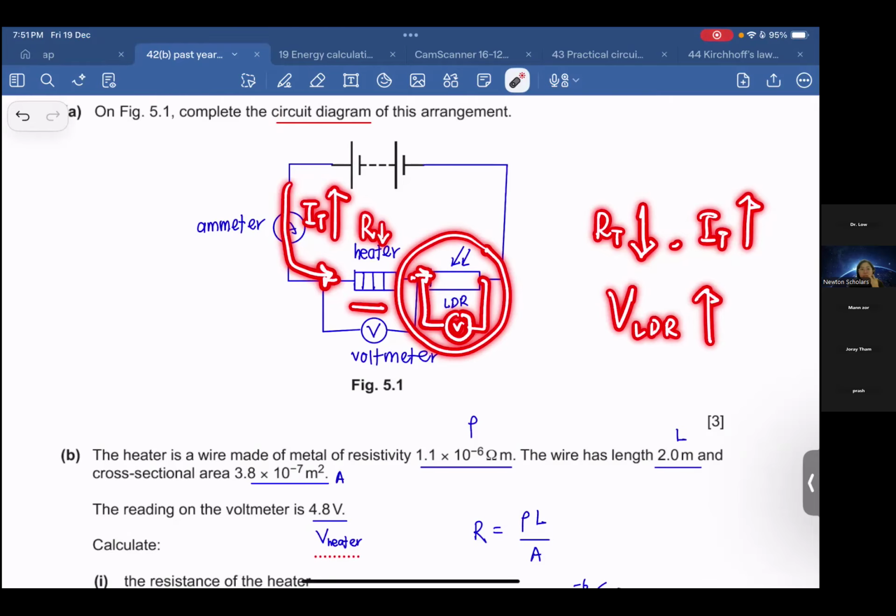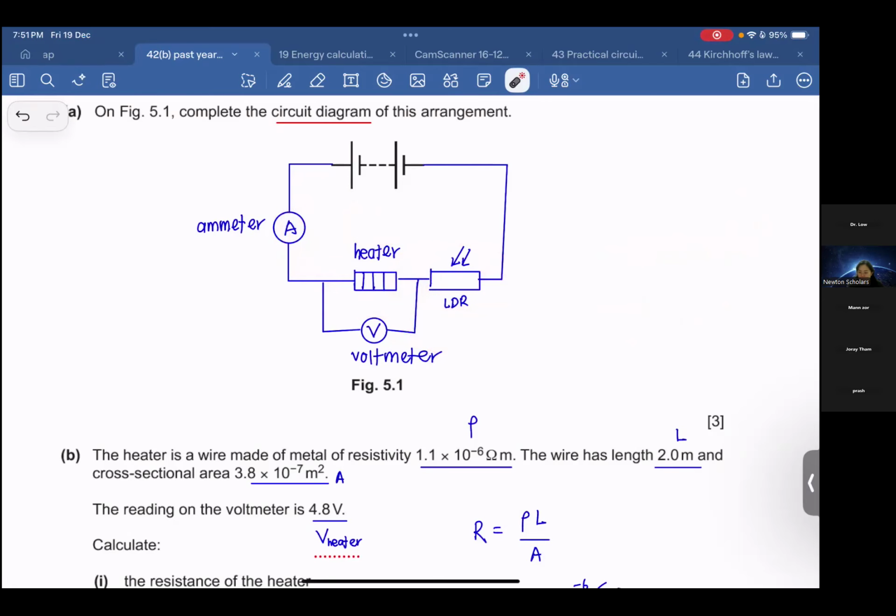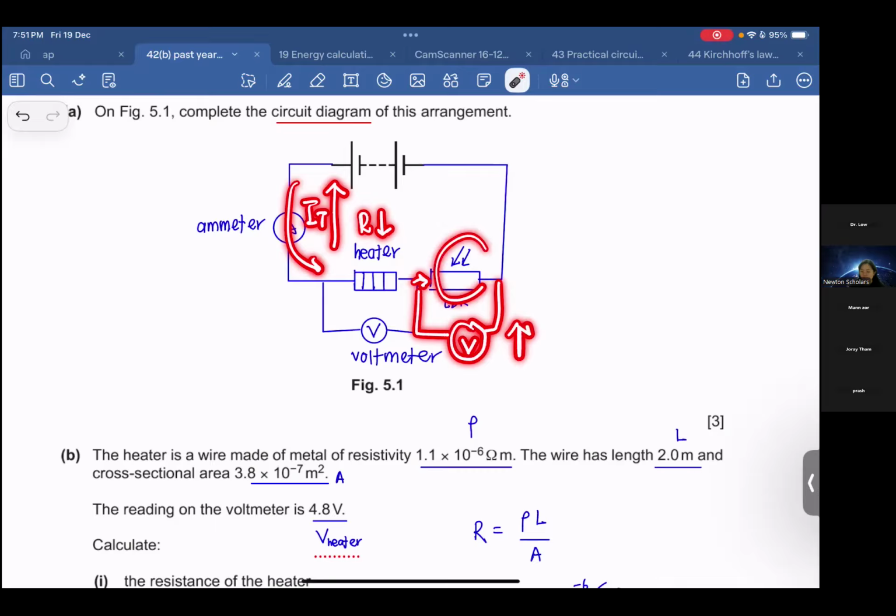Okay, but I feel that this one is a bit more complicated. I repeat again. When your heater resistance decreases because of the thicker wire, your total current in the circuit will increase. So with total current increased, the voltage across the LDR will increase. The LDR will receive more voltage, then the heater will receive less voltage.